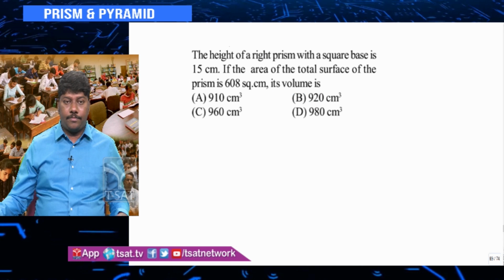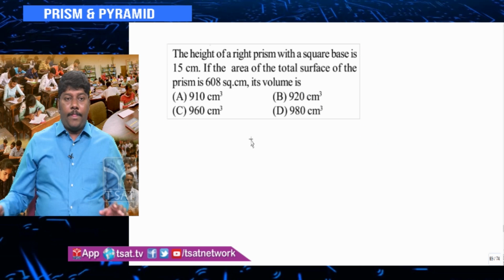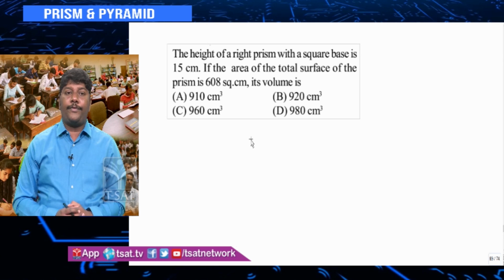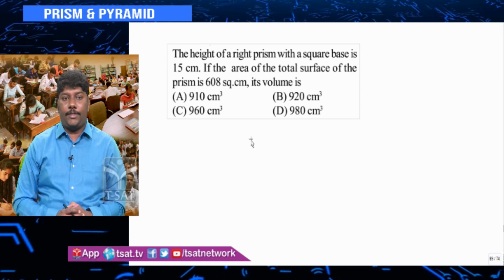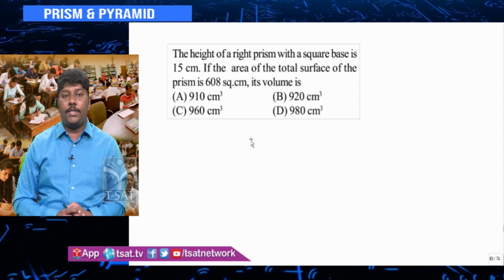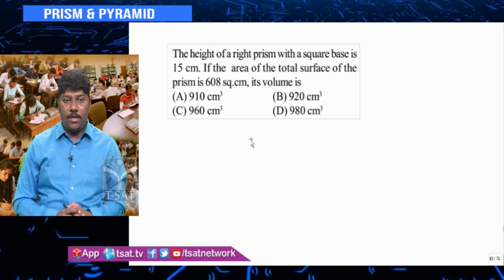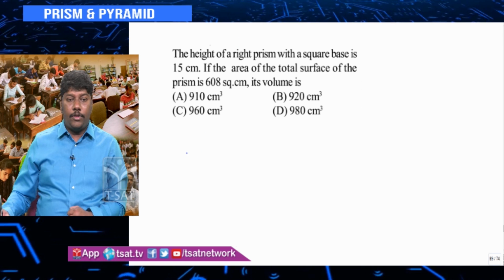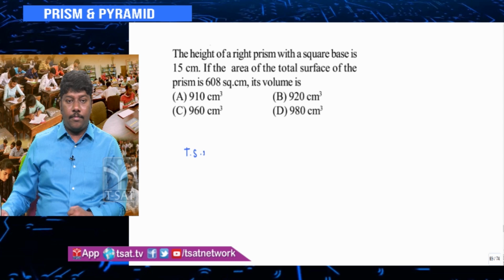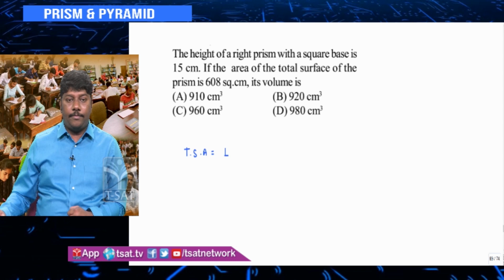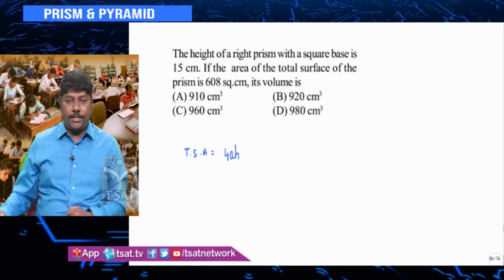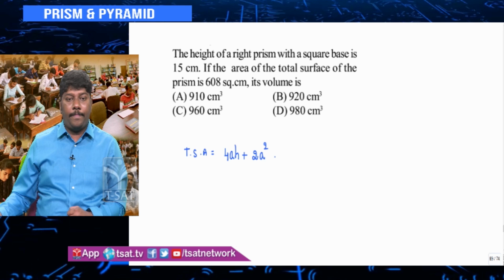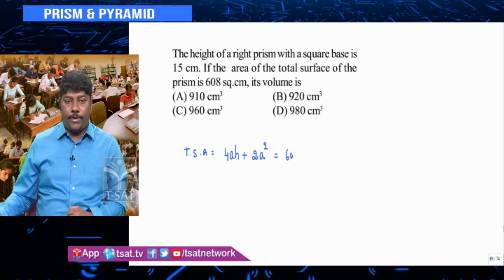Look at the next one. The height of the right prism with a square base. So here the base is a square and the side is 15 centimeters. The height is given as 15 centimeters. If the total surface area of the prism is 608, he is asking you the volume. We know the total surface area is perimeter of the base, which is 4a, into height, which is h, plus 2 into base area, which is 2 into a square, the area of a square, equals 608.